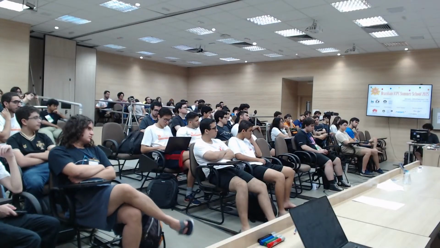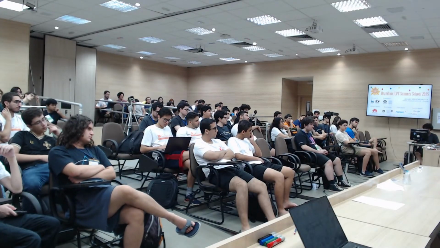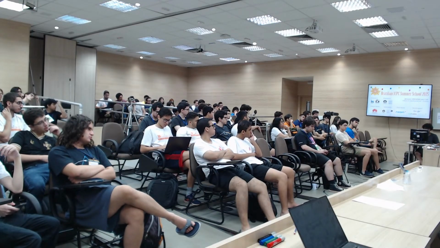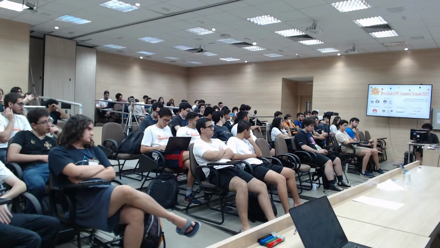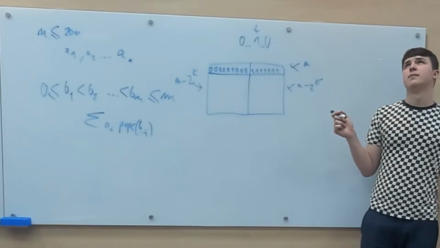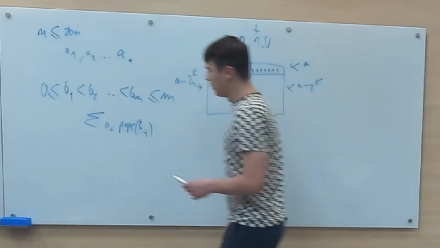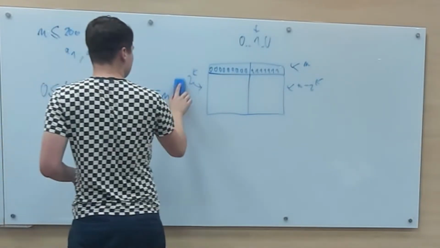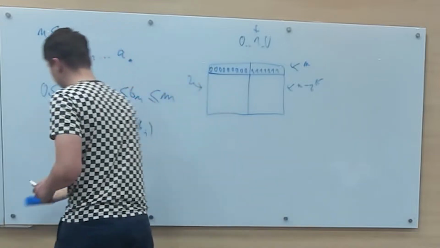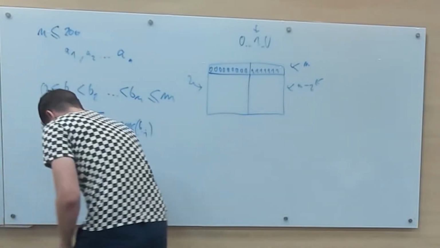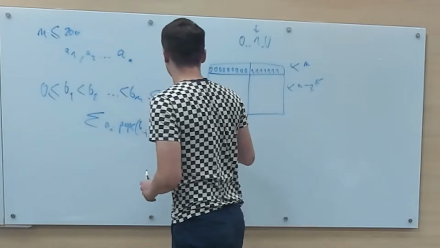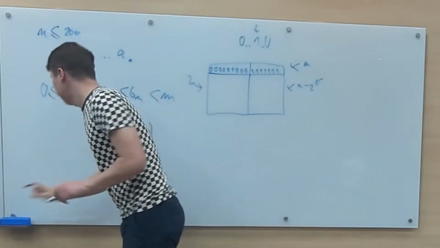Okay, so questions? Yes. Isn't the bound on the left just due to the table? Okay, sorry, you're right. Yes, you're right, sorry. Okay, so let's keep those bounds strict.